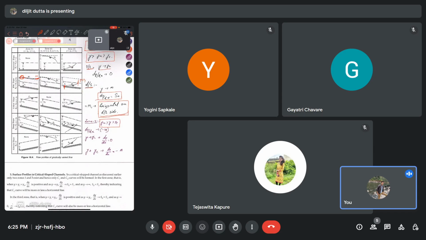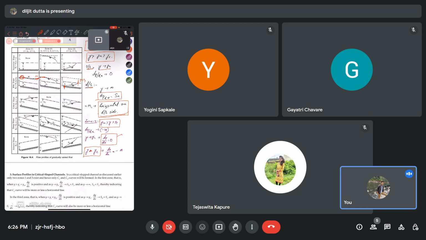So in the upstream section, when y tends to yn, the numerator will tend to 0, so dy by dx will tend to 0. So the flow will be approximately horizontal in the upstream part. And as we move downstream, when y tends to yc, yc by y will tend to 1, so 1 minus approximately 1 will tend to 0, so the whole term will tend to minus infinity.